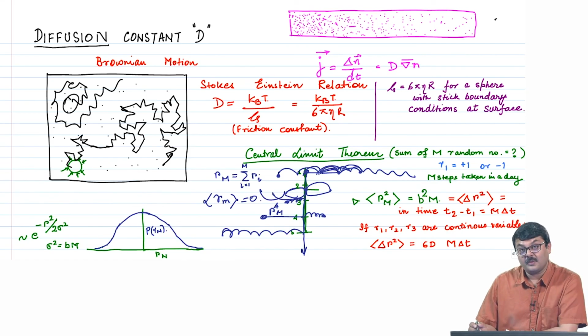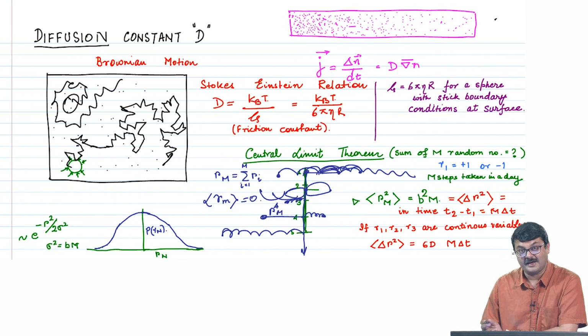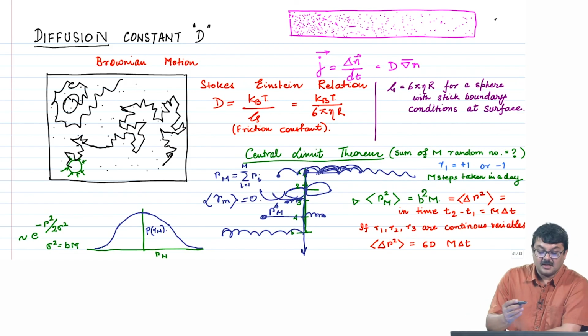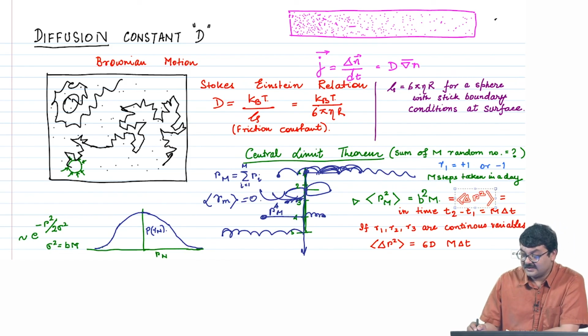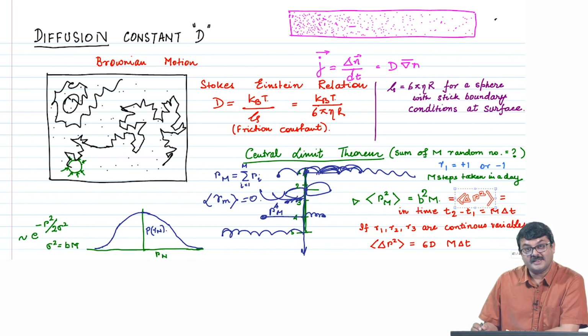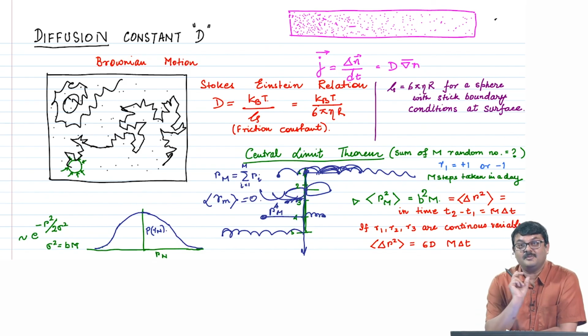Now if we think of the same problem, where instead of a drunken man taking plus 1 steps or minus 1 steps, you think of a particle moving to the left or to the right by a random process in one direction, then delta r square, delta r being the displacement, square average, will be in time t 2 minus t 1, m times delta t being the time of motion.